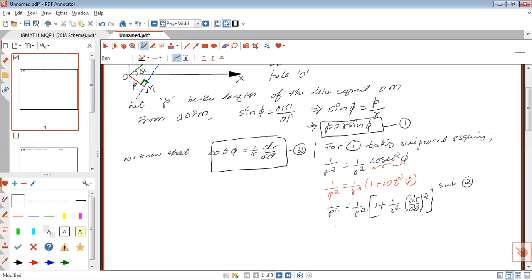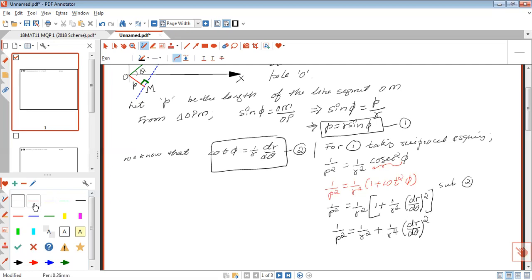Now that is 1 by r square into 1, plus 1 by r square into 1 by r square, that is 1 by r to the power 4 times (dr by d theta) the whole square. This is the value of 1 by p square on the left hand side.